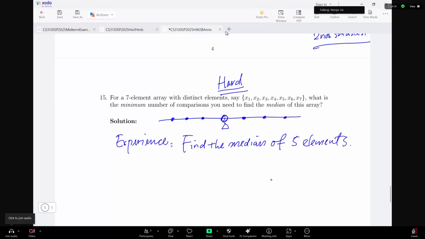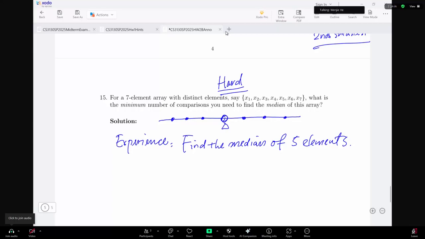We have that experience, right? Median of 5. So let me find the reference. Module 4, section B4. Yeah, exactly. So let me show you.